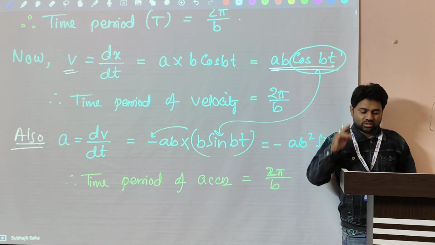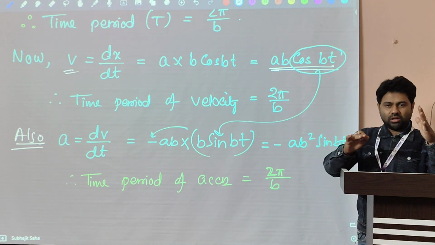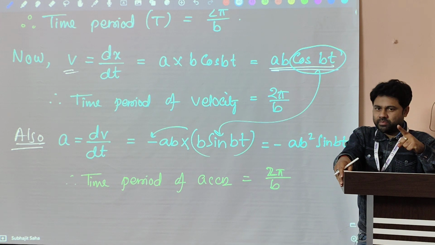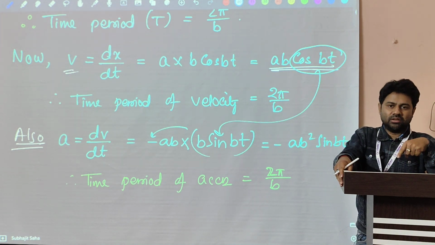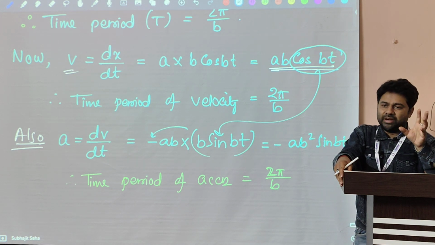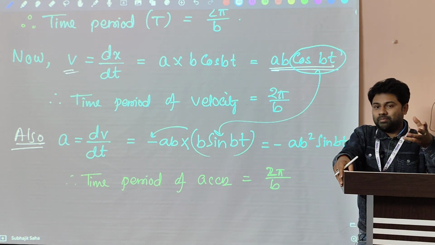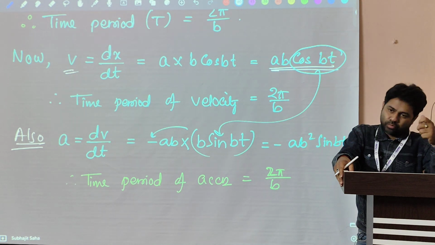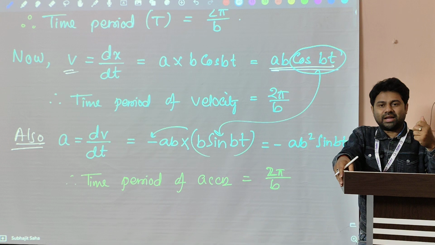Now let's recall what we stated at the first. I told you, if the particle is in periodic motion, its displacement, velocity, acceleration, all might be periodic. Here we see the same thing. The particle whose displacement is governed by the equation x equals a sin bt has periodic displacement, periodic velocity, and periodic acceleration.